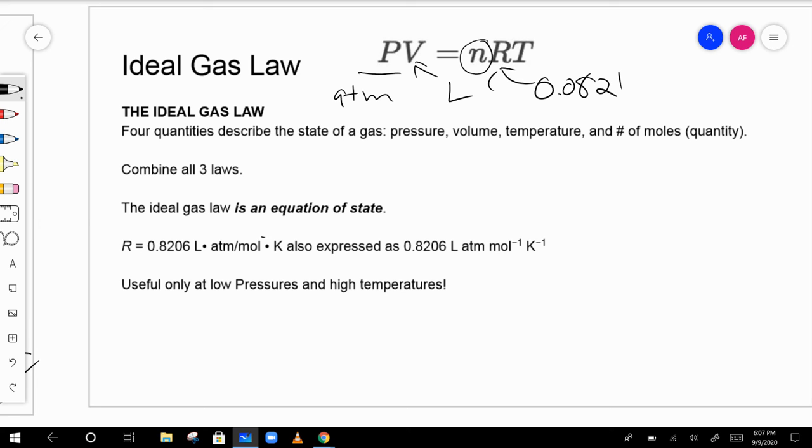Okay, and the units for that are liter atm over mole Kelvin. Okay, it's just a weird unit, but that is what it is. And then temperature has to be in Kelvin. So this is the ideal gas law. We're just using it for all four quantities.